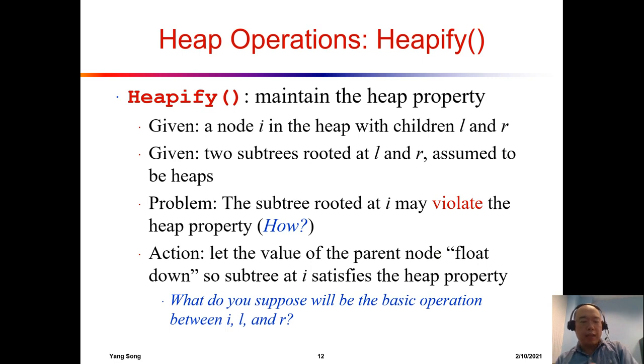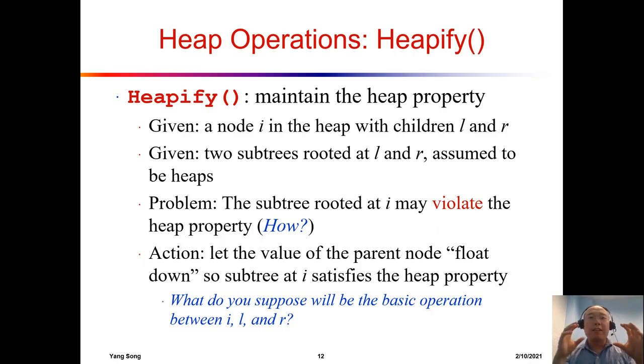Then I have to fix that. So how do we fix that? Well, if the parent is smaller than any of the left and right, then this value shouldn't really be the parent. So what do we do? We want to find the largest value among the left, the right, and the parent, which is i, and put the largest one among the three as the parent.